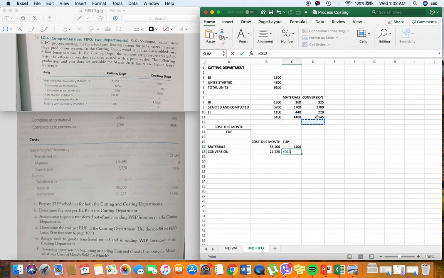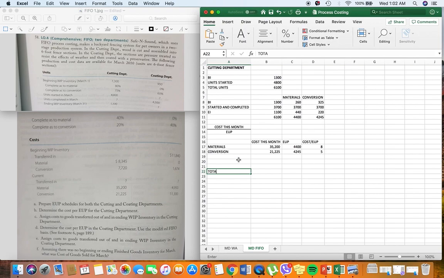So we have 4,400 and 4,245. So our cost per EUP is equal to 8 for materials, and for conversion we have 5. Okay? So we will use this in assigning the cost.